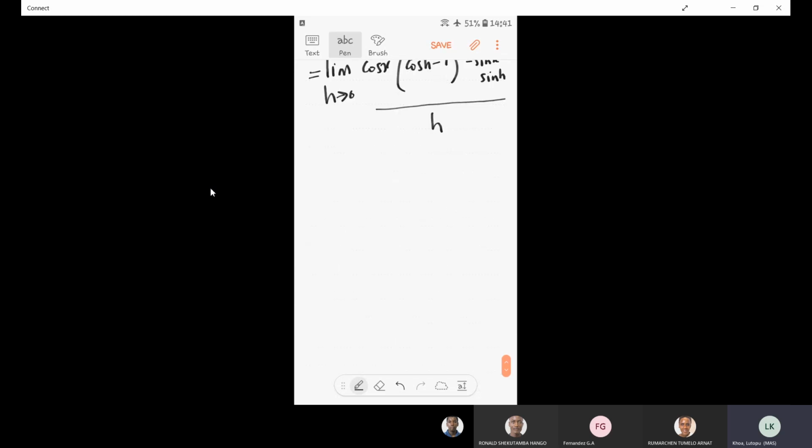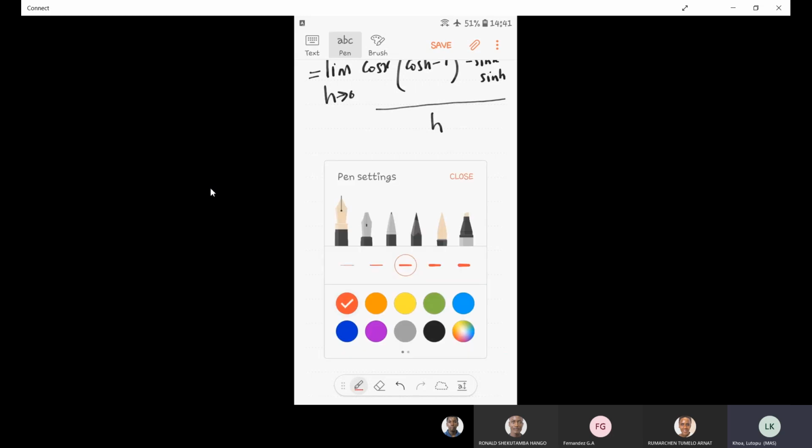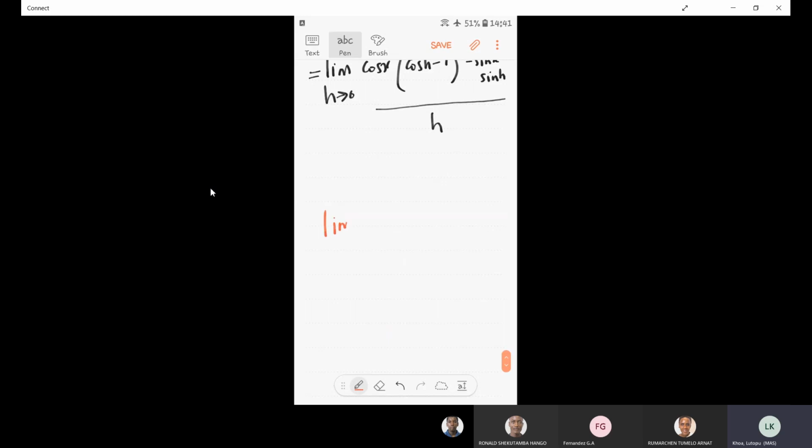Now the thing about limits, we did this already when we were evaluating limits to infinity. For example, when we had something like this, the limit as x goes to infinity of x cubed, x squared minus 1 over x squared plus 1. We say this is the limit as x goes to infinity, and then I have 1 minus 1 over x squared over 1 plus 1 over x squared.